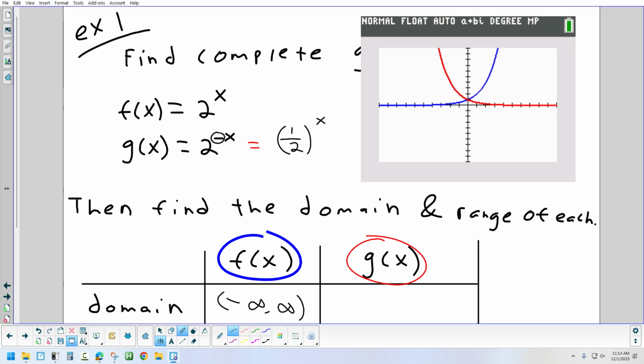It's always that. How about g of x? Yeah. It's also all real numbers. Okay, the red one goes left and right forever. I know it looks like the red one goes up as you go to the left, and it does. It goes up, but it does keep going to the left.